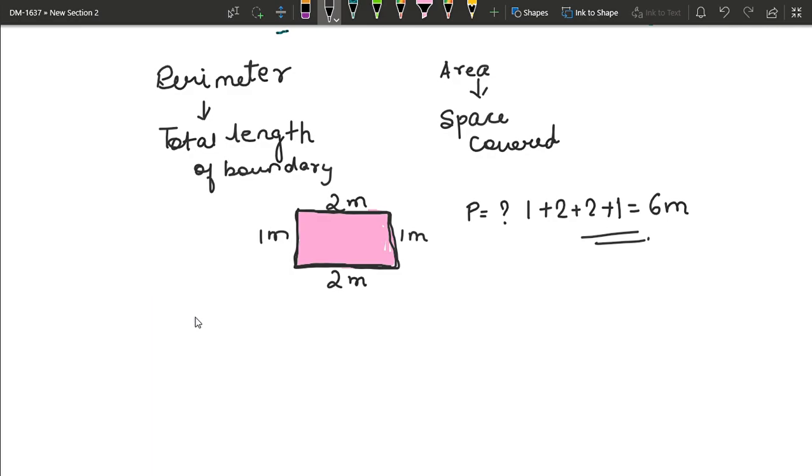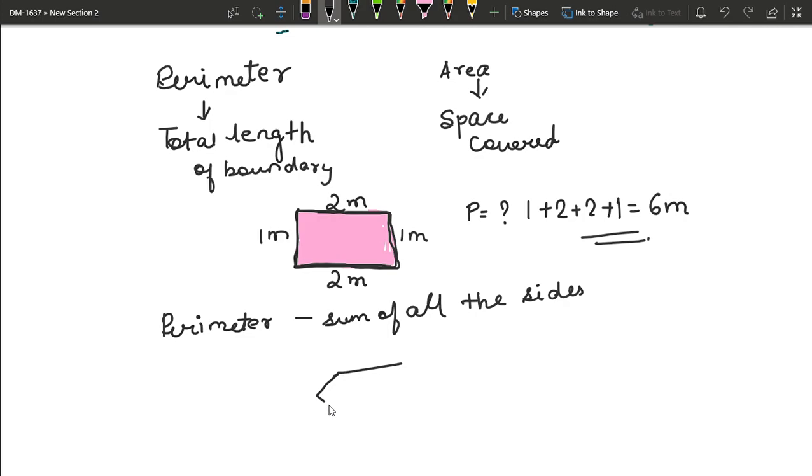Now you should know how to find the perimeter. Perimeter is the sum of all the sides, which is nothing but the boundary. Suppose I take a figure like this and ask you what the perimeter of this figure is, and suppose the sides are given as 2 meter, 1 meter, 1 meter, 2 meter, 1 meter, 1 meter.